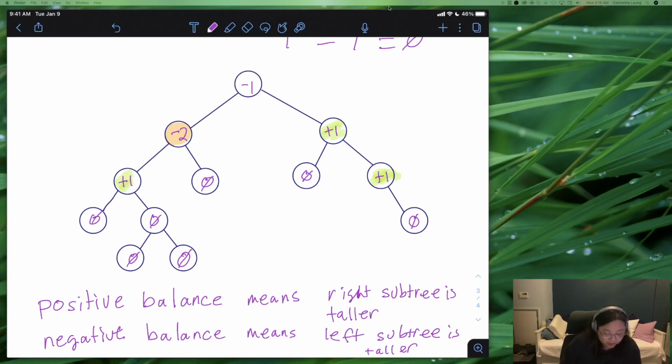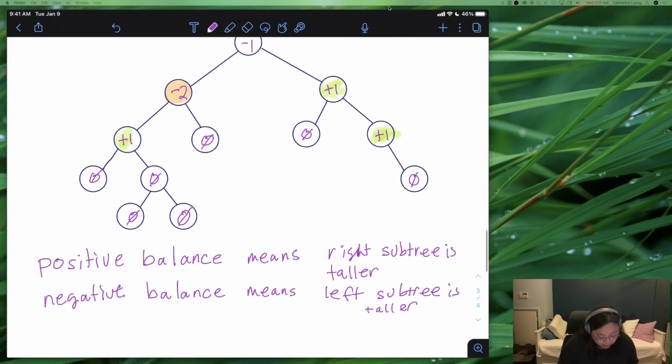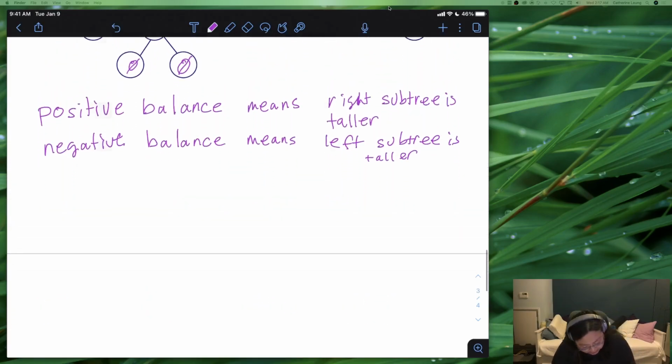So positive, right side is taller. Negative, left side is taller. So if all I gave you was the node's balance, you can actually tell right away which side is taller and by how much. Okay, now in order for a tree to be height balanced, we're talking about the entire tree here, not the subtree. Okay, the entire tree is height balanced.